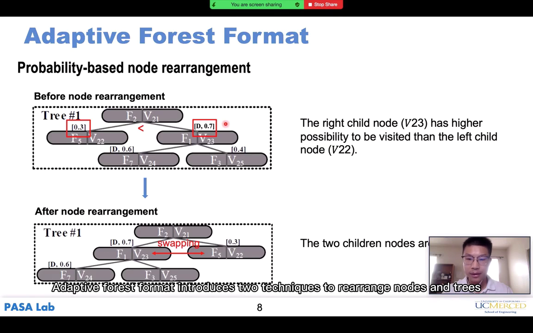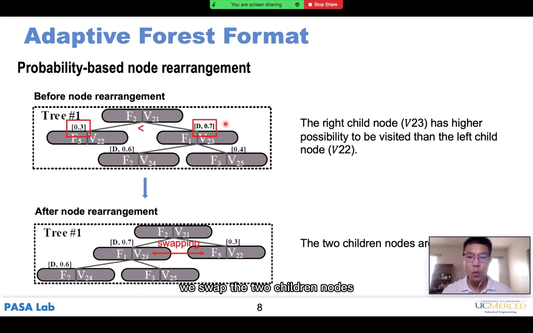Adaptive forest format introduces two techniques to rearrange nodes and trees. The first one is probability-based node rearrangement. Based on the information of edge probability, if the left child has lower probability to be visited than the right child, we swap the two child nodes.